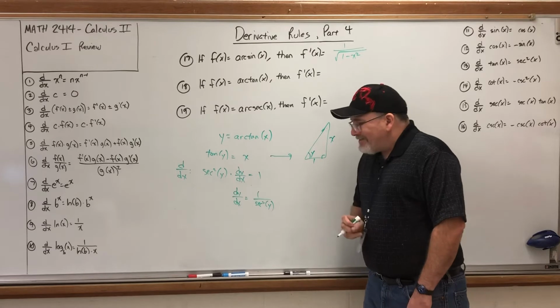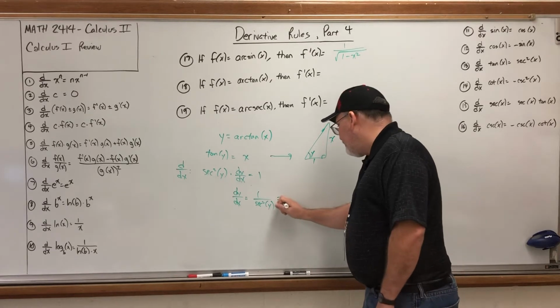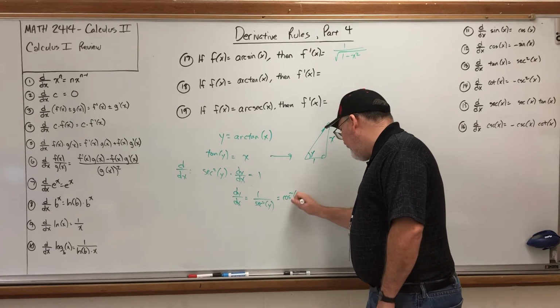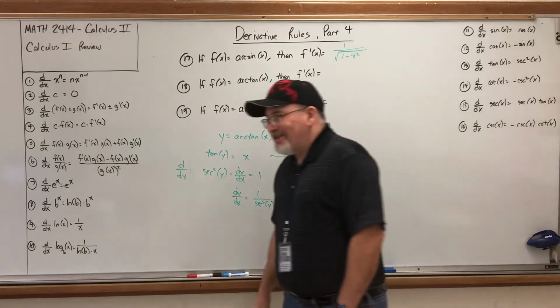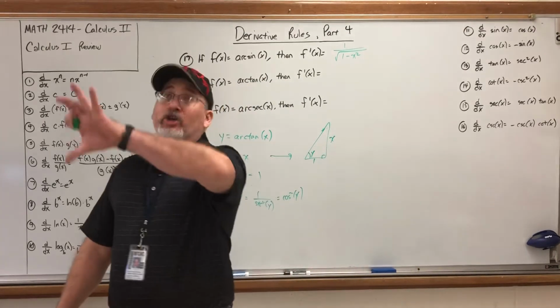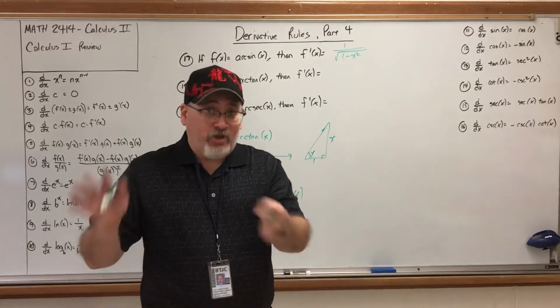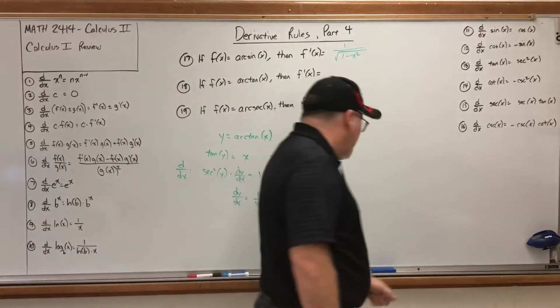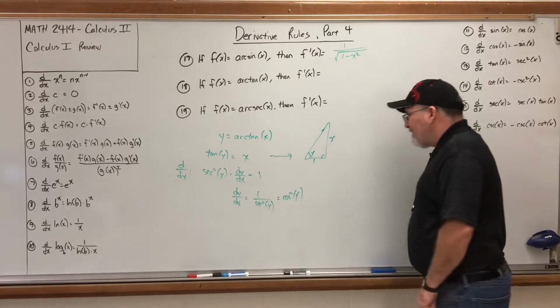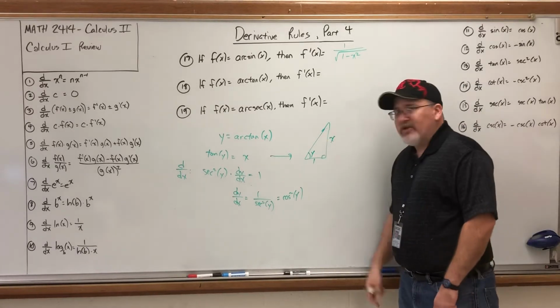I'm going to need to figure out secant, which is, you know what, let's just go ahead and call this cosine. The only reason I'm doing that is because cosine is in the goofy word SOHCAHTOA. Secant is a reciprocal of cosine, and most of us think in terms of sine, cosine, and tangent anyway. But if I want to figure out cosine on this triangle, I need to know the hypotenuse.